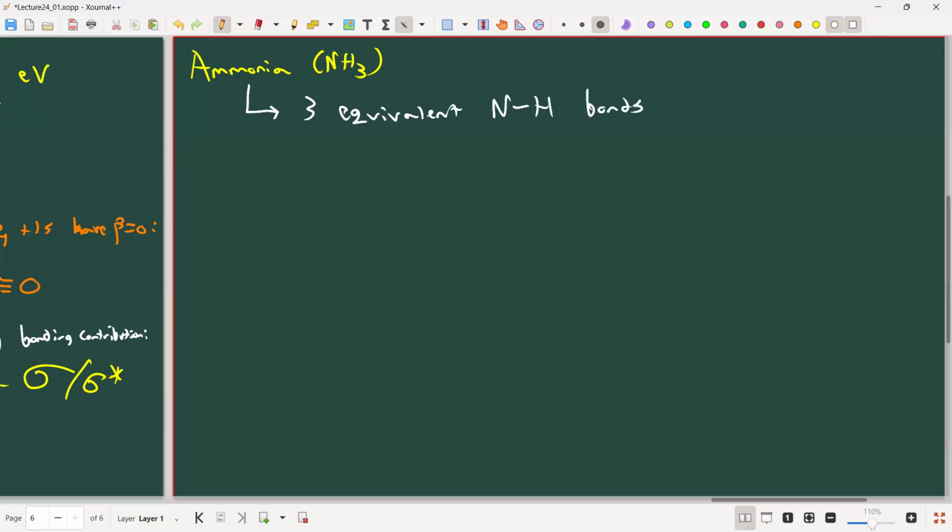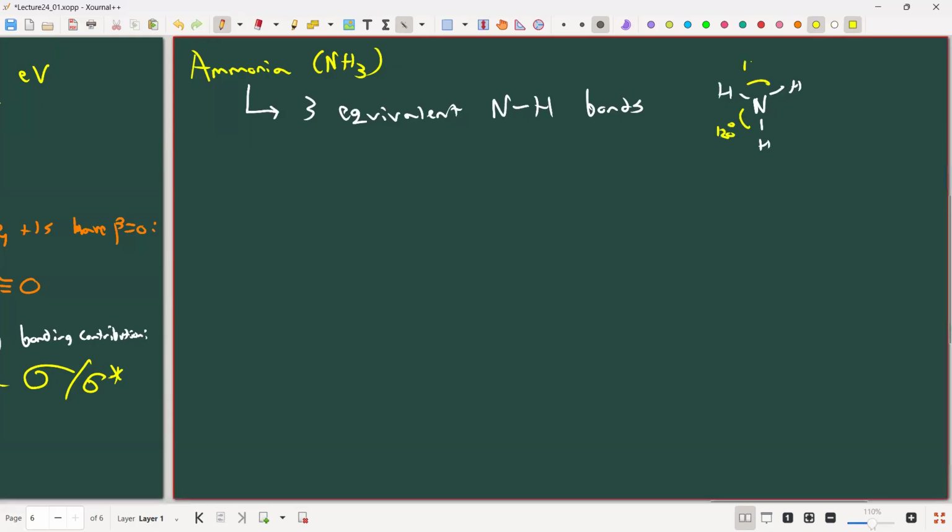And the other thing that we know is that if we look at nitrogen from a bird's eye view, the hydrogens form 120 degrees. Right?